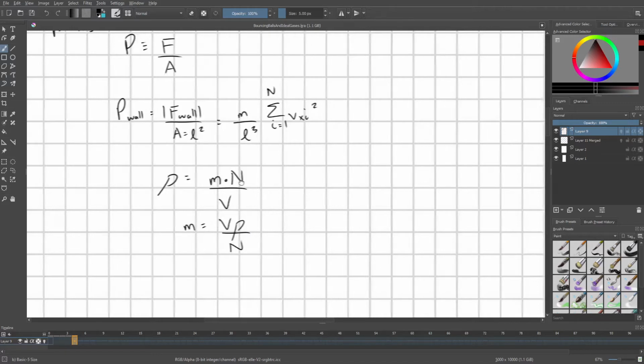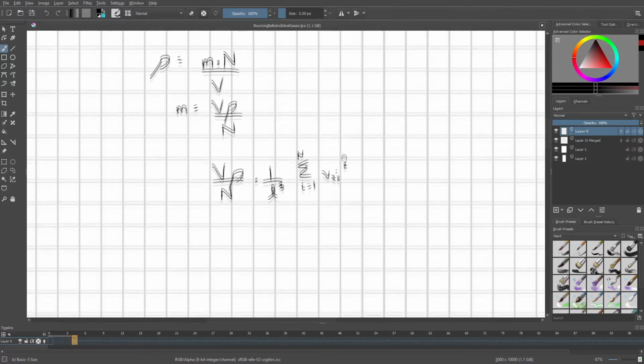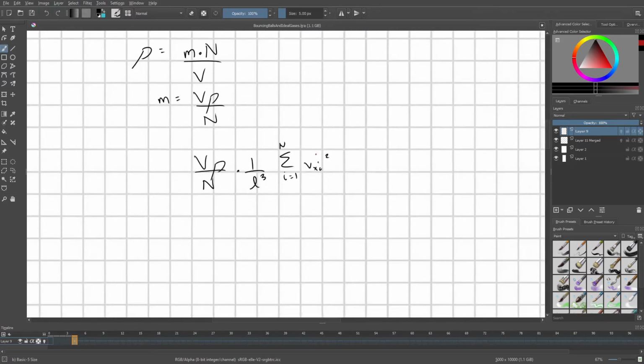That would be how we would convert our little mass in terms of density and volume. We're going to go ahead and plug that in. So we have V rho over n times 1 over L cubed, and then we have our summation term. And of course you go, so what is L cubed? L cubed would just be the volume of our box.